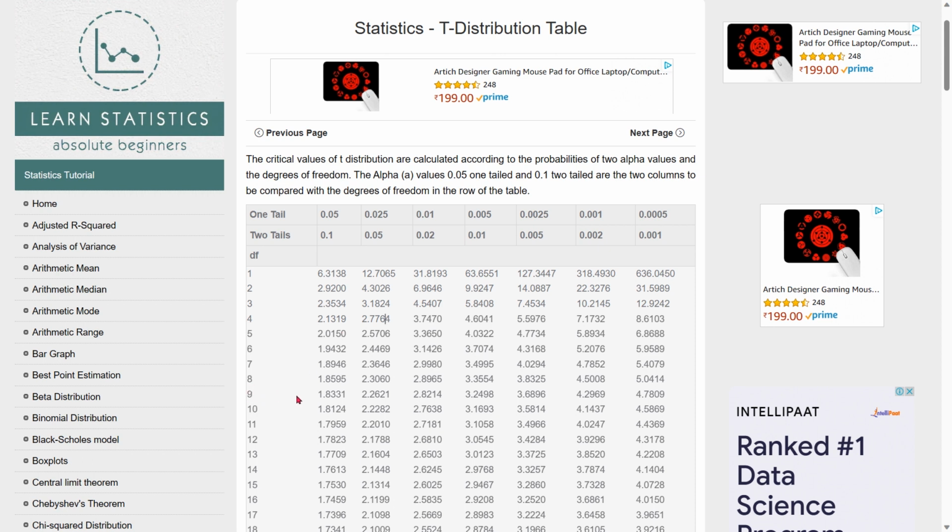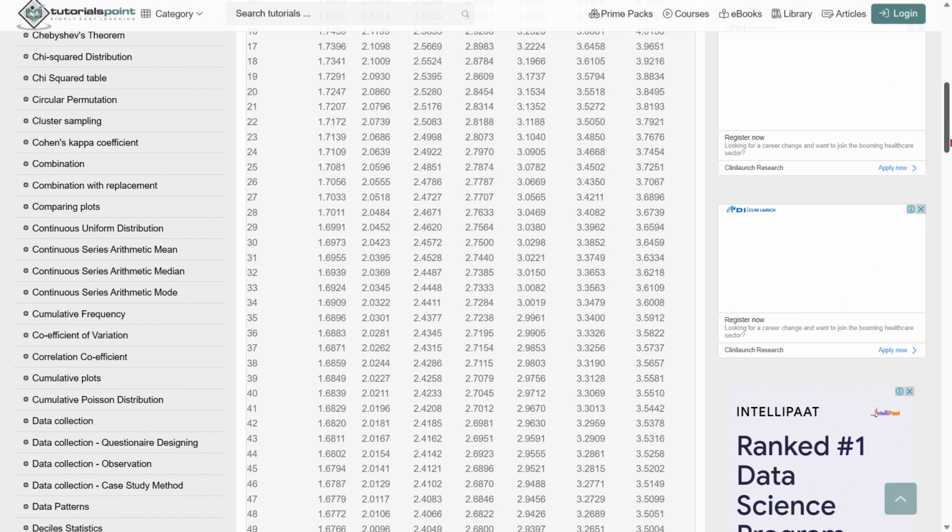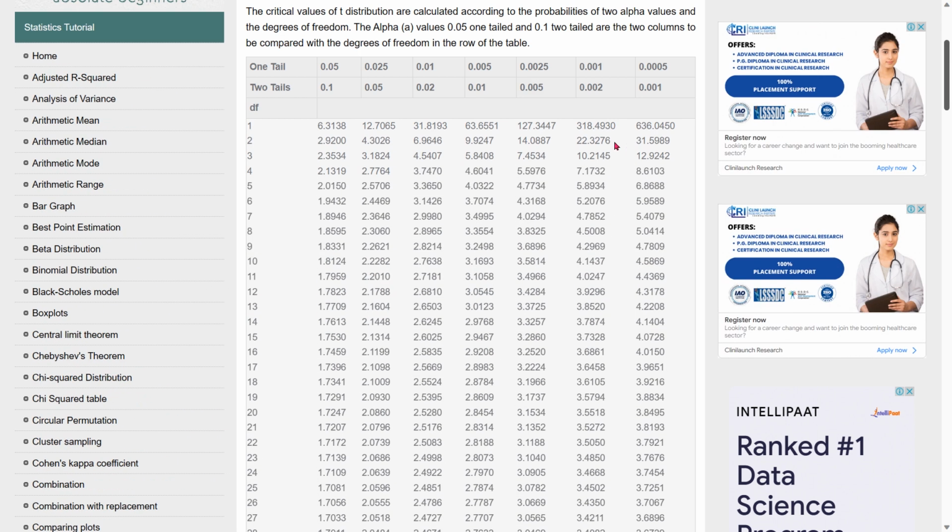So using a t distribution table with 9 degrees of freedom, you would find that the p-value is 0.043. You can see that here. So 9, and these are specifically one tail and two tail, and you would find that the values are around 0.043.